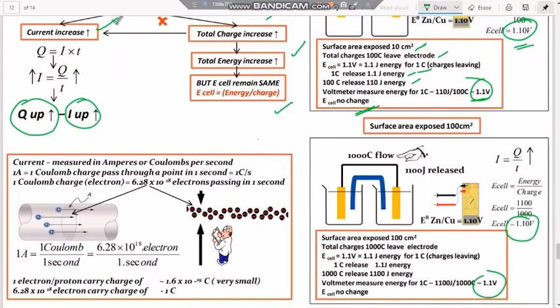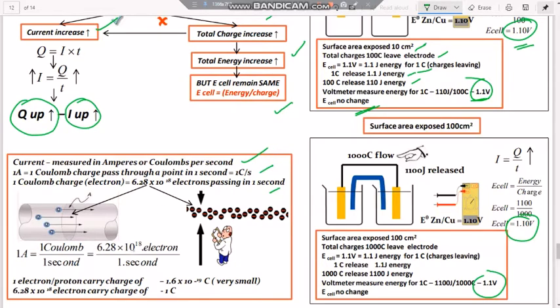So here we have one important point: current. Current is measured in amperes, or coulomb per second. 1 ampere is 1 coulomb of charge passing through a point in 1 second. 1 coulomb of charge is 6.28 into 10 to the power of 18 electrons passing in 1 second. That is the definition of coulomb. So 1 ampere becomes 1 coulomb by 1 second.